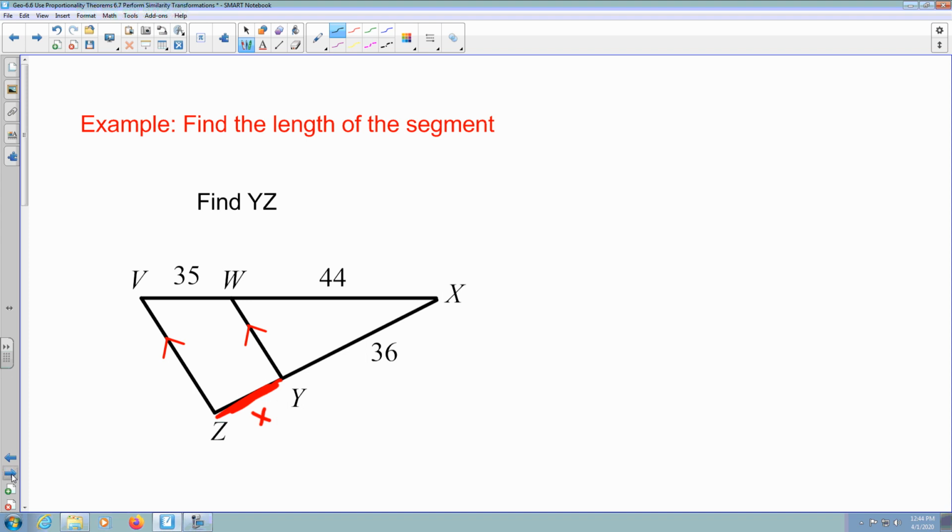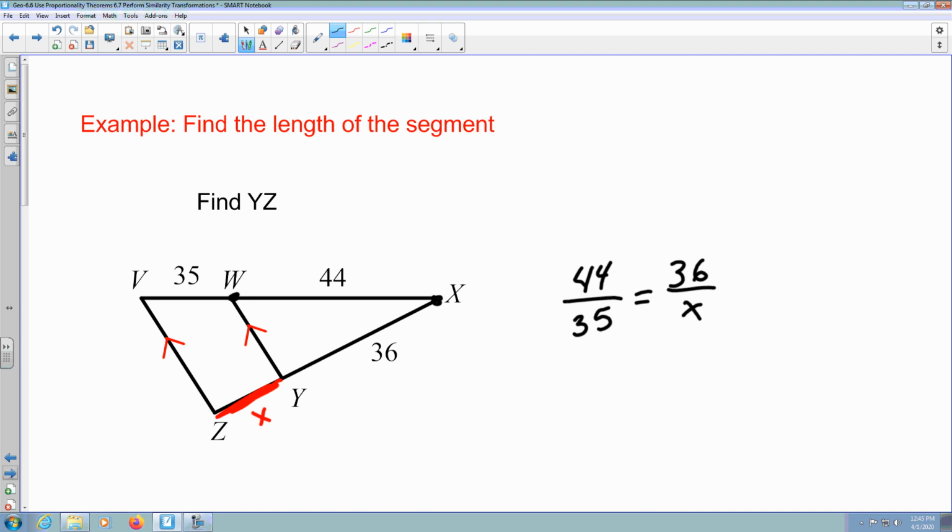So if you were to reference the notes from page 1, we can then say it would be XW would be the top one, so that'd be 44 over WV, which is 35, is going to be proportional to XY, which is 36, over YZ, which is X.